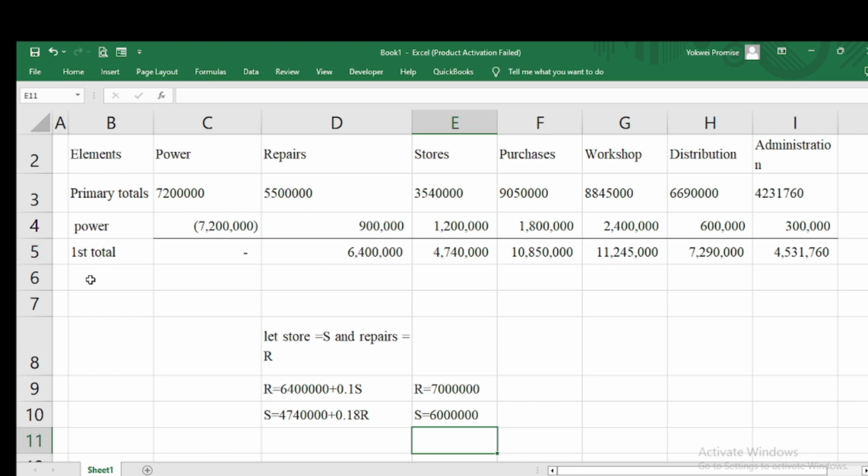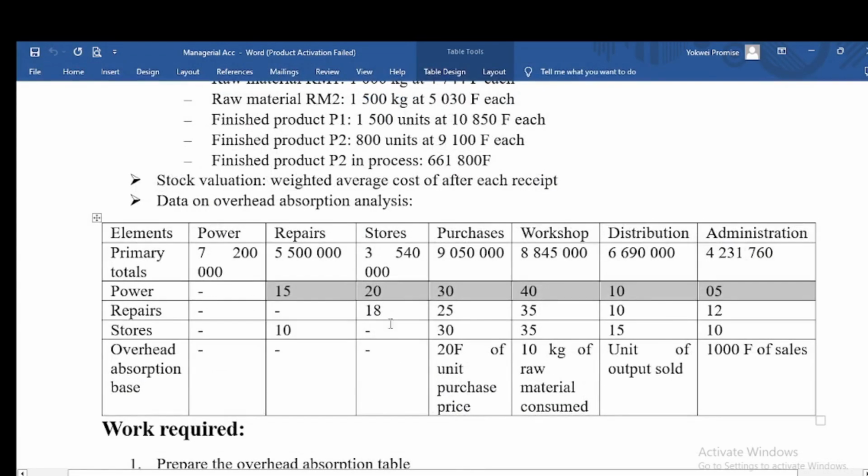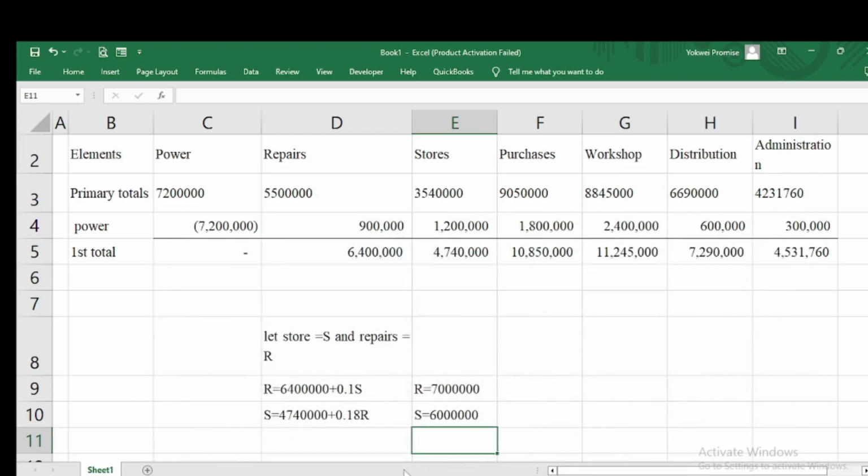So from here, we'll come back and continue with our table. Looking at the question, since we already generated the value for repairs and the one for store, we'll move back and continue the sharing. Meaning the repairs we share 18, 25, 35, this. Just take note.